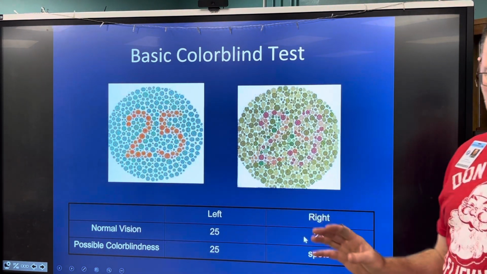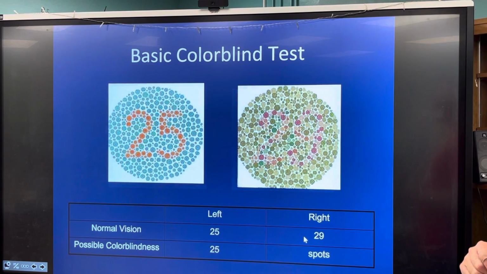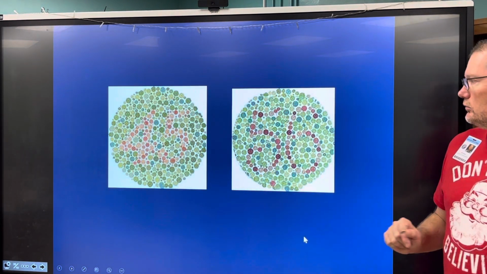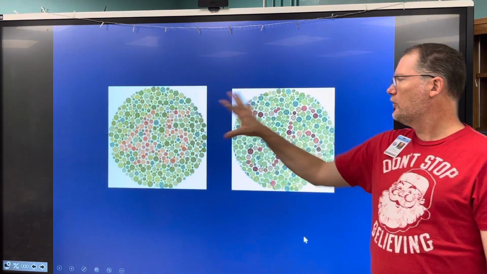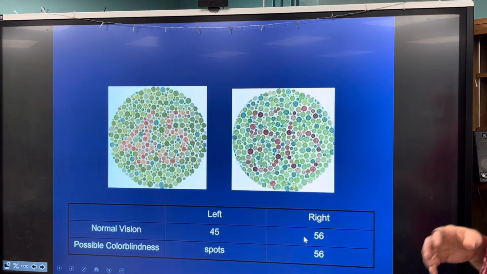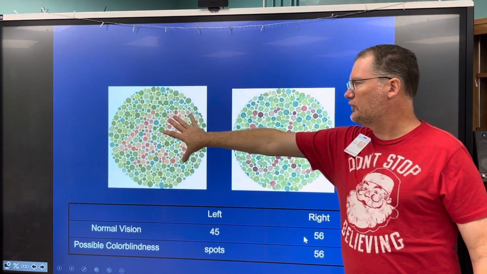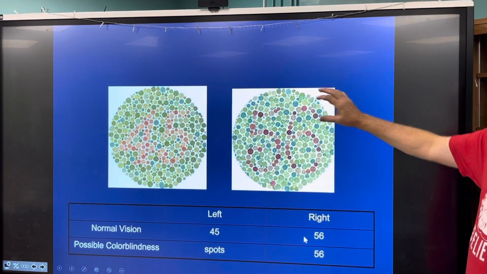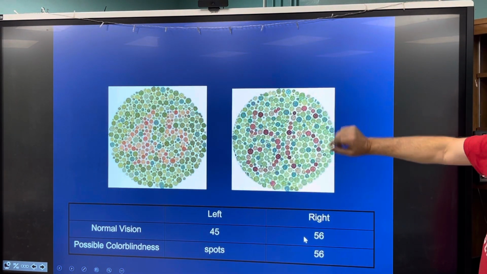Okay, here's some more. You should see numbers in both of these circles. Normal vision you'll see a 45 there and a 56 here.